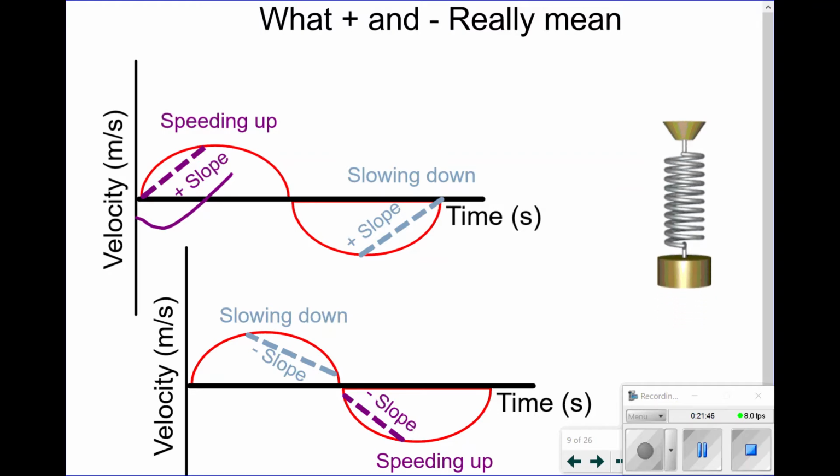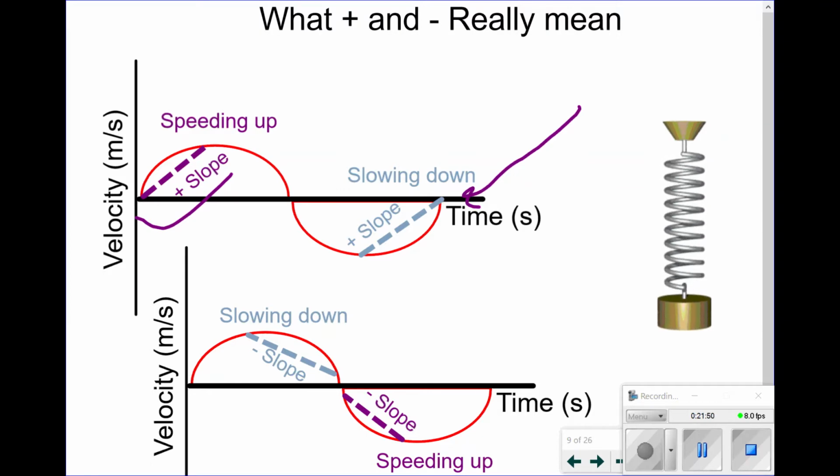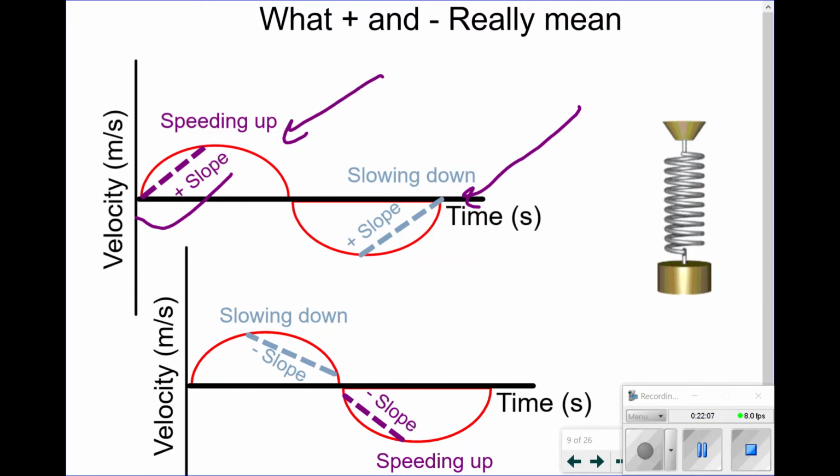But please notice, in the section where I have a positive slope and negative velocities, I am actually slowing down. And that's because my velocity is going to the left while my acceleration is going to the right. Or if my velocity is going down, the acceleration is pulling up. While in this case, where I'm speeding up, my velocity and acceleration are in the same direction. So they're both moving up, they're both moving to the right.